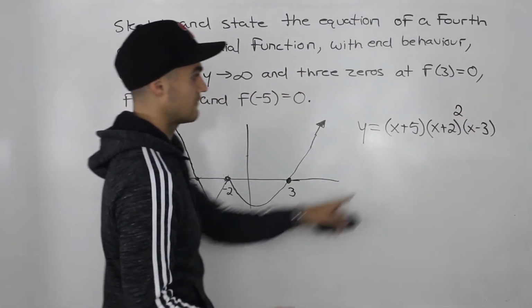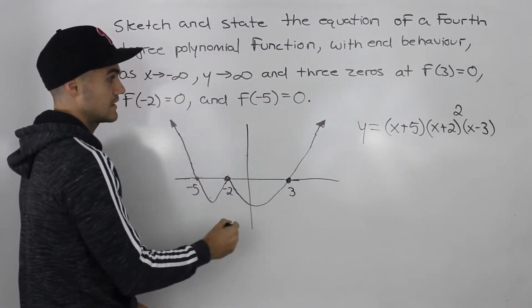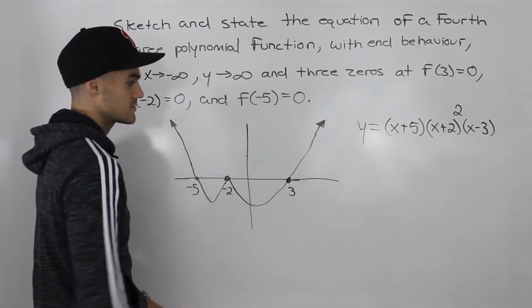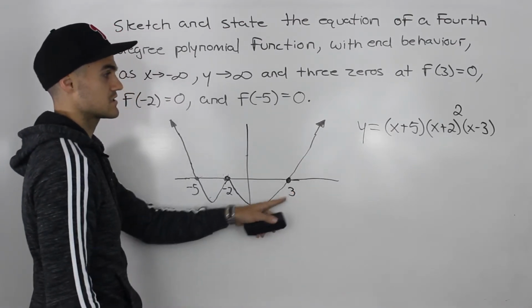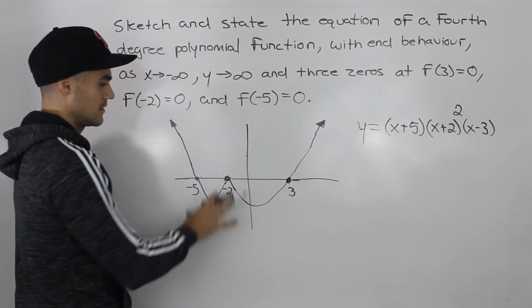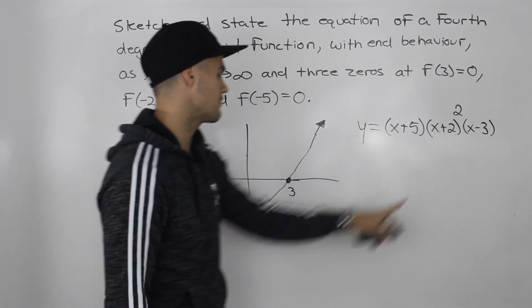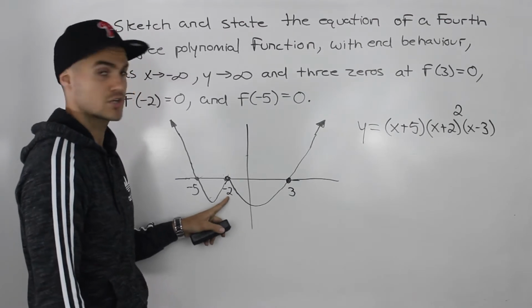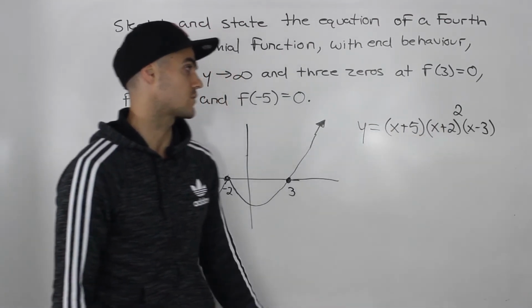But again, you can have the x plus 5 squared, which would be the diagram before when we bounced it off the -5, or you can have the x minus 3 squared, meaning that it's going to bounce off that x-intercept of +3. But this diagram here follows this equation. We're bouncing the function off -2, so the x plus 2 is going to be squared.